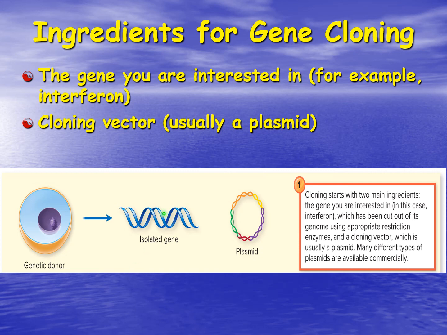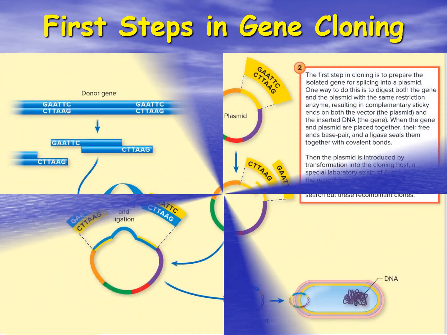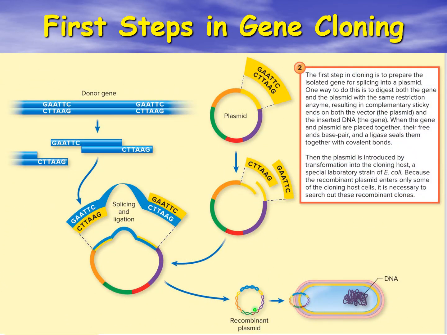So we isolate the gene, we put it into the plasmid, using restriction endonucleases usually, to actually splice that gene into the plasmid. And we then can introduce that recombined plasmid into a host cell. That host then will be able to incorporate that foreign DNA and read the genetic code.